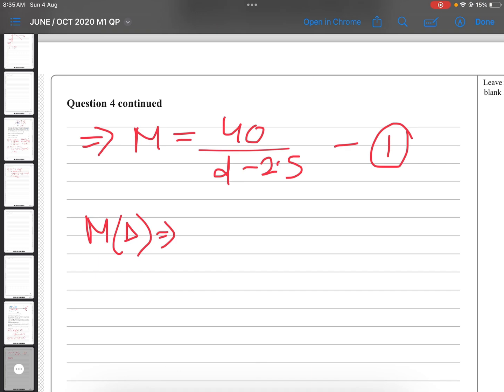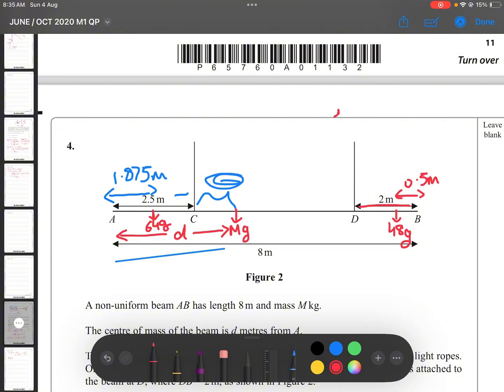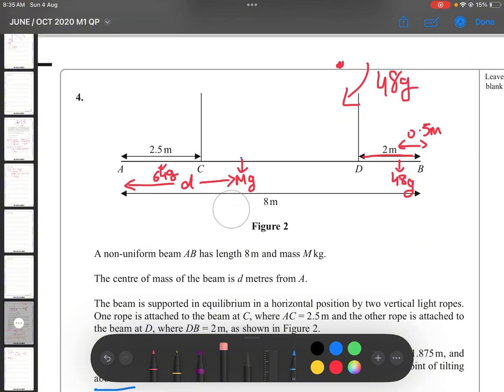Now if I consider point D, this is point D. The 48 kg gymnast is acting this side, clockwise. 48g is acting this side, and the mg over here. For now, everything else is going to get erased, because the 64 kg gymnast is not standing anymore, except for the D. And the mg is acting anti-clockwise in this direction.